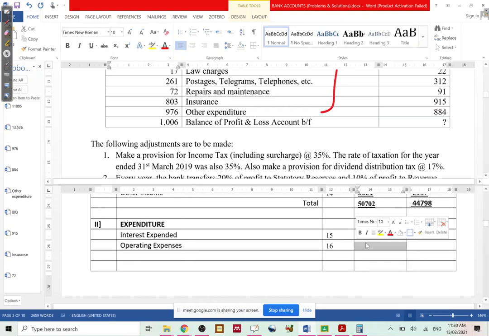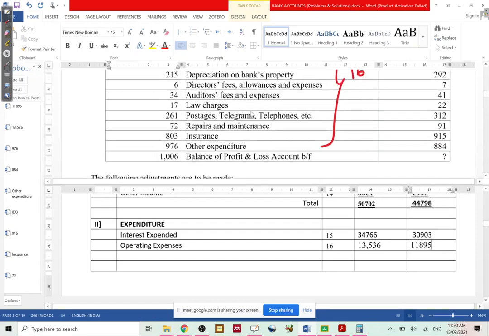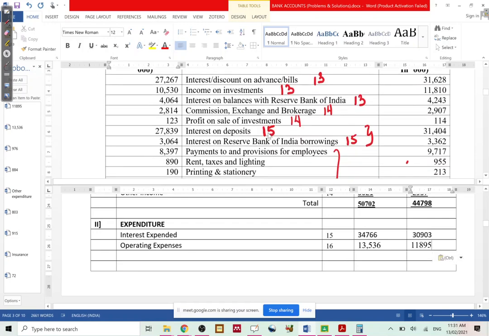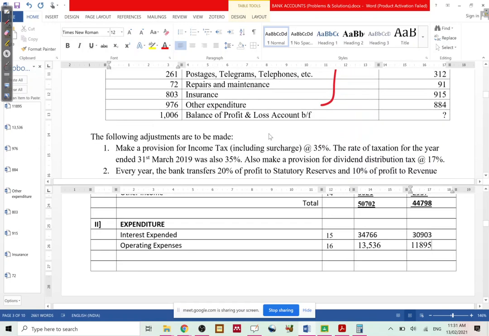Schedule number is 16 and the amounts that I just calculated are 13,536 and 11,895. So far, whatever has been given in the actual statement, all the particulars that we have covered, we have posted wherever required, isn't it?